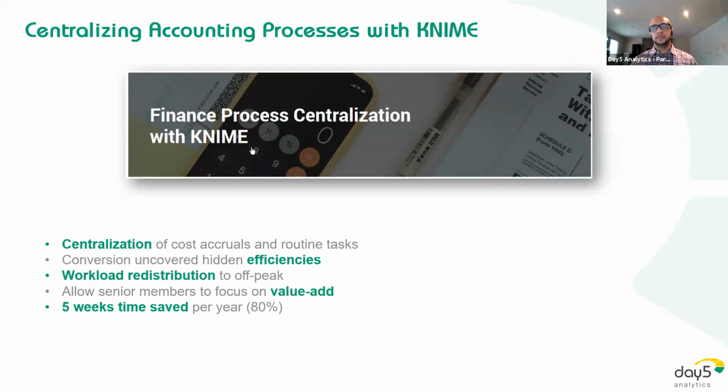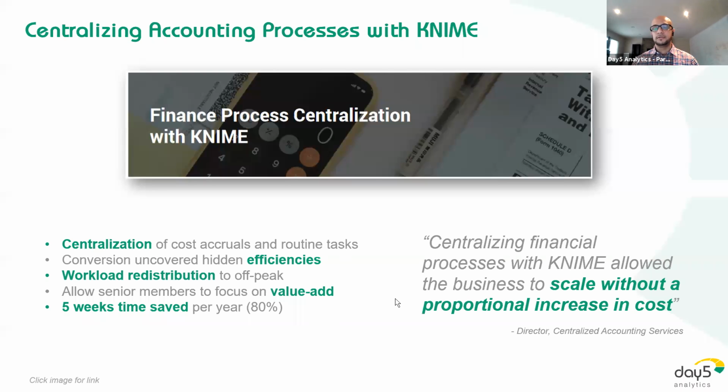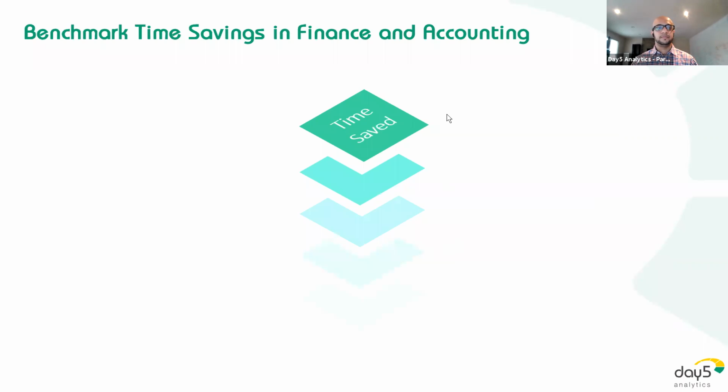As you saw with Knime, you build it once and you can keep applying it, whether you need to run it 1 time a month or 30 times a month. And this helped them reduce the workload from the peak period and shift that workload to the off-peak period, which allowed people to focus on the value add and save 5 weeks off a year. So this allowed them to scale without a proportional increase in cost.